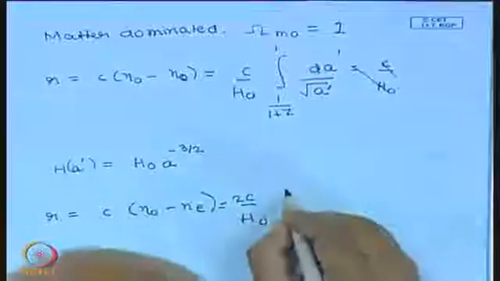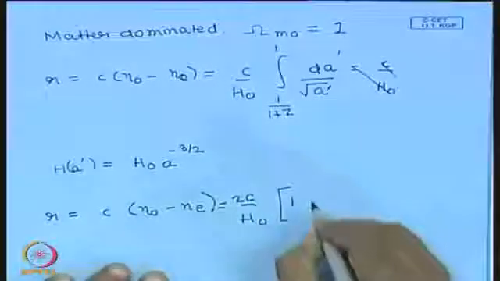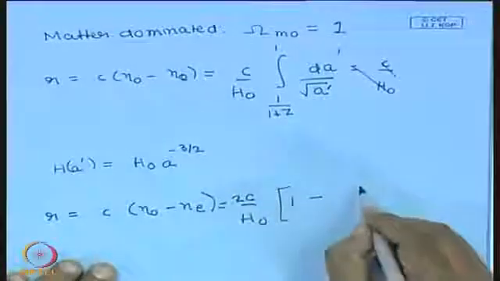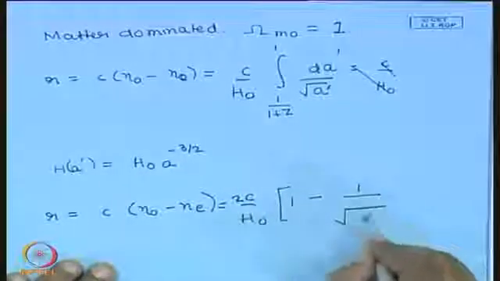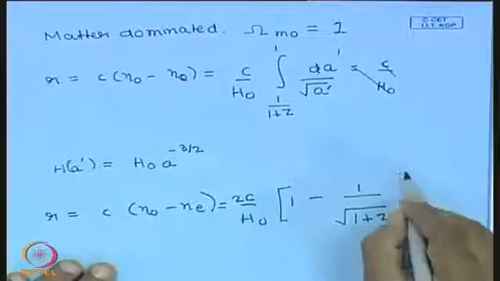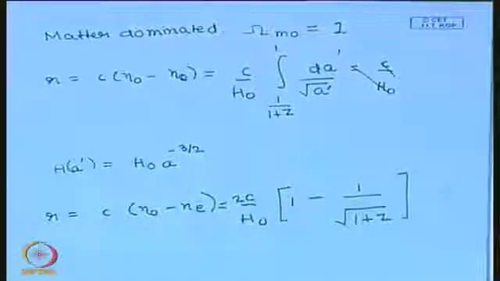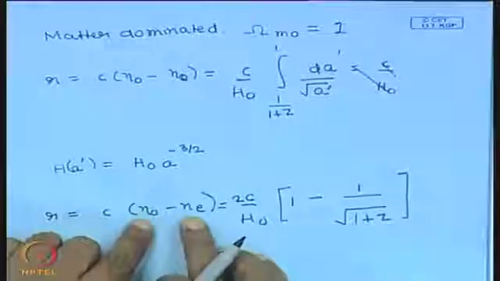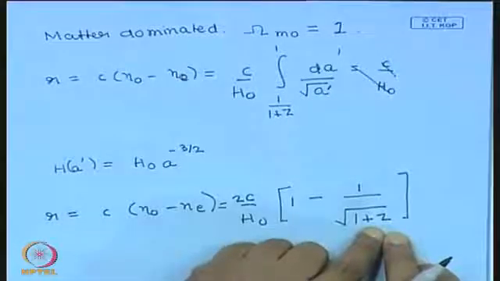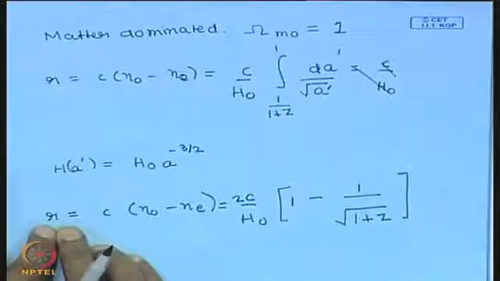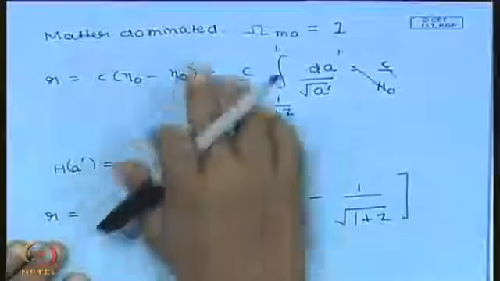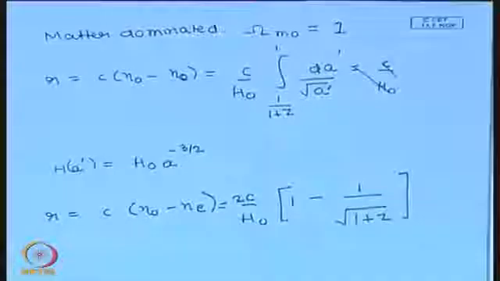The upper limit is 1, so I have 1 minus the lower limit of a, which is 1 by 1 plus z, so 1 minus square root of 1 plus z. This is the relation which tells me the interval of conformal time, how that is related to the redshift of the source. It also tells me the comoving distance to the source in terms of the redshift, in a model where omega matter is equal to 1, purely matter dominated.